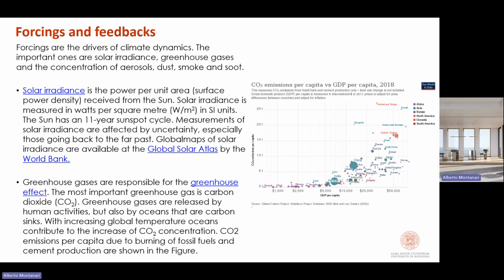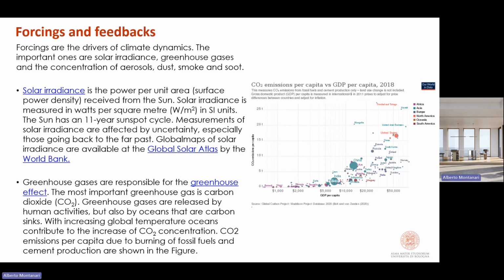And it's clear that there is a strong relationship. So the greater the development, the greater the GDP, and the greater the CO2 emissions. This is a graph that is given by Our World in Data, which is a free website. You can access it. You can use the graphs without any problem.